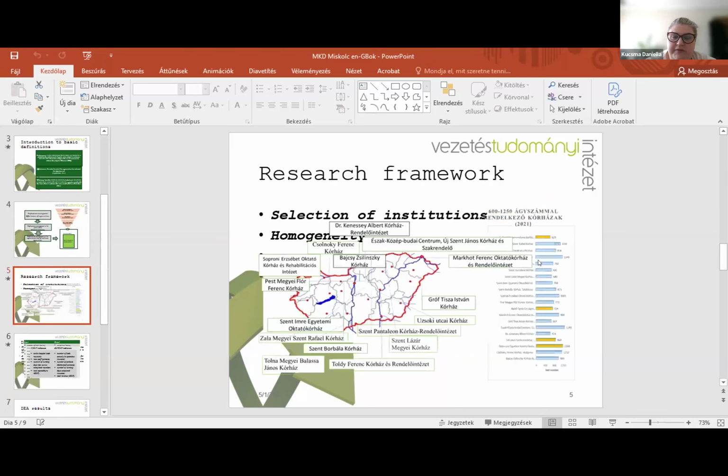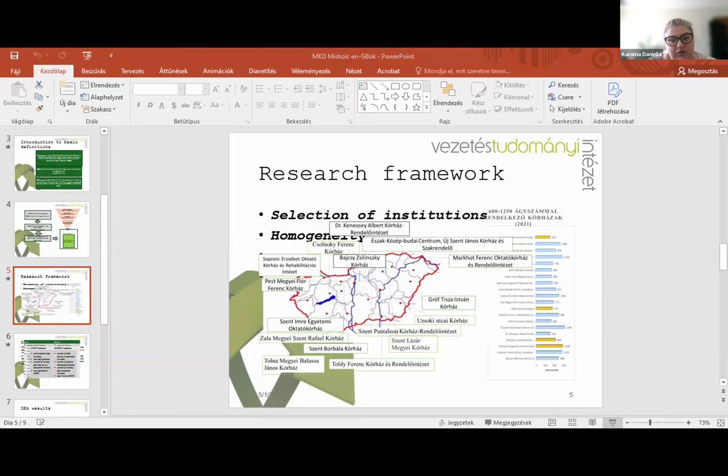So of course we see the geographic plan, and which institutions I selected. The selection of institutions was very important. This was the homogeneity. I make the presentation maybe, and this was very interesting for me.